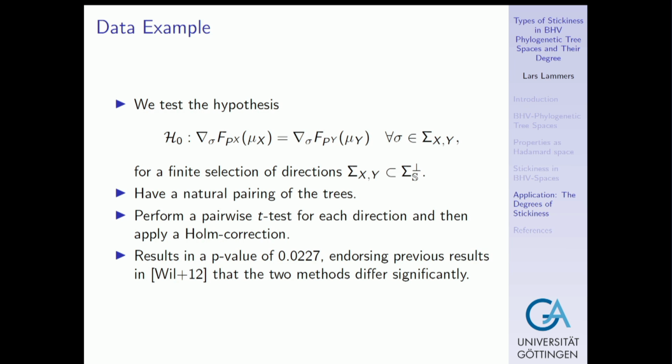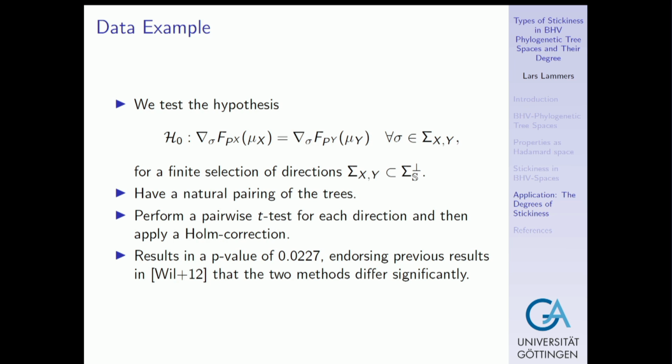So we performed just a classical t-test for each direction, and then afterwards a Holm correction. And in our case, this resulted in a statistically significant p-value, reaffirming previous results on the data set.